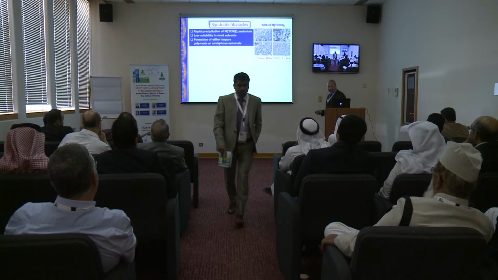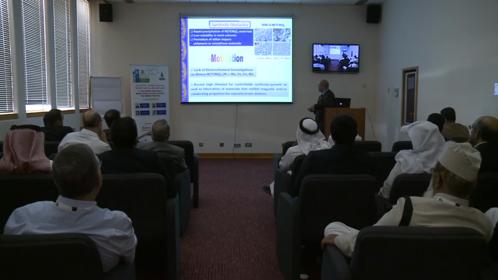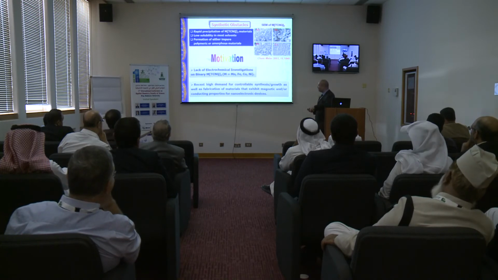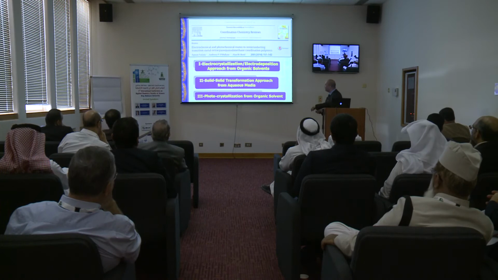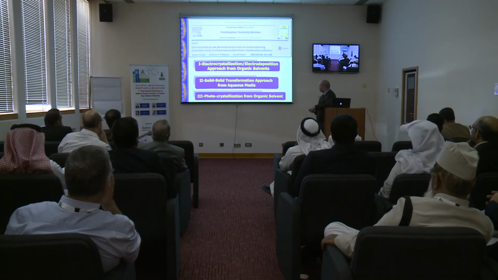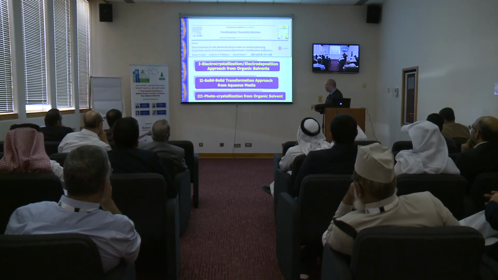Therefore, for us as electrochemists, we finally found an angle to get in, and we can use our techniques to develop a methodology where we can make at least a better crystalline shape or control the morphology of these materials. So what we did is we developed, with Professor Alan Bond in Australia, three different approaches that we can use to compete with the inorganic chemists, and we say we can do a better way of making these materials.